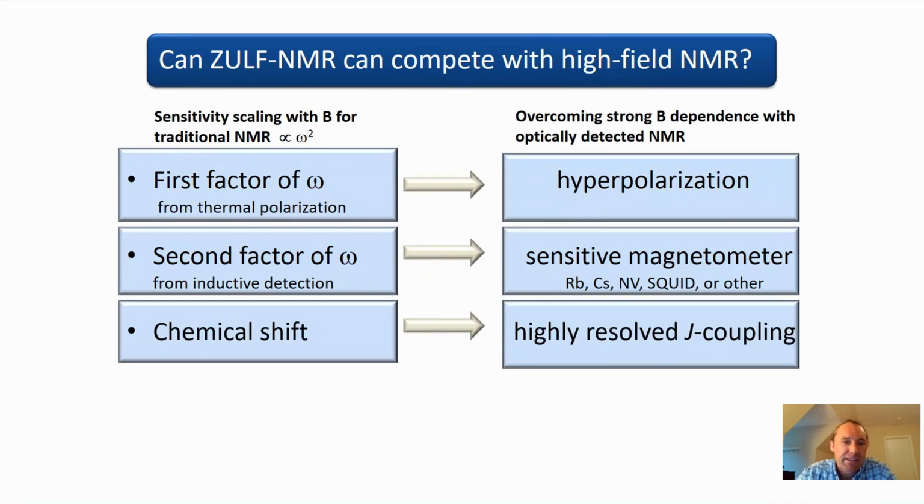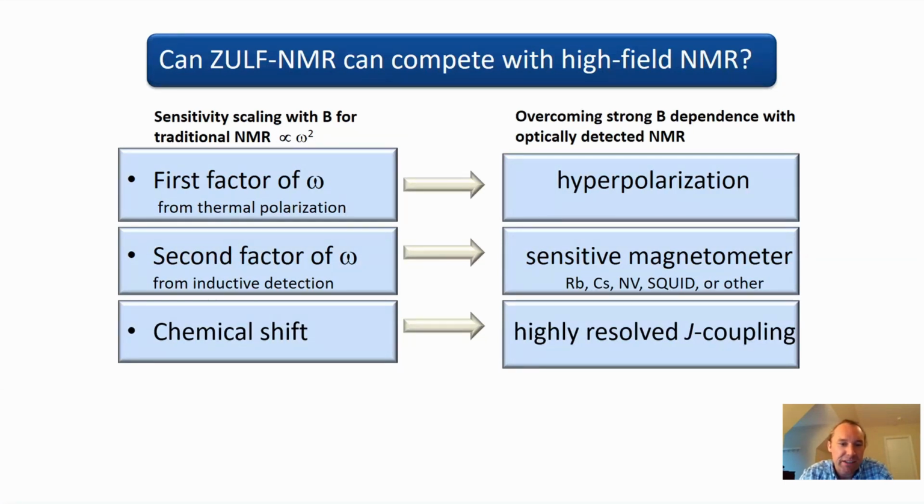I do think that this is a challenge for ZULF-NMR, but one good thing is that we can actually get very, very narrow lines at low magnetic fields, because it's oftentimes very easy to shim low magnetic fields.